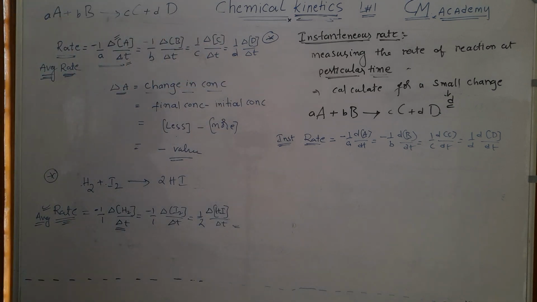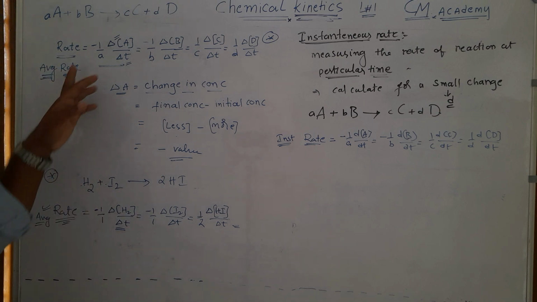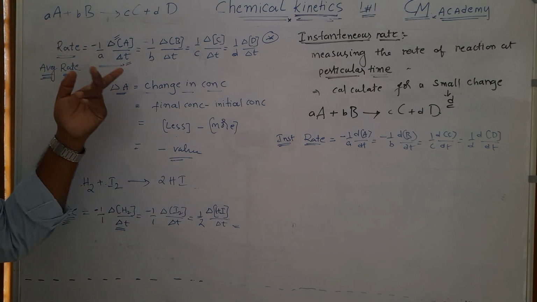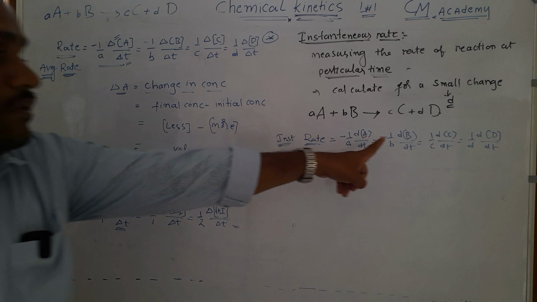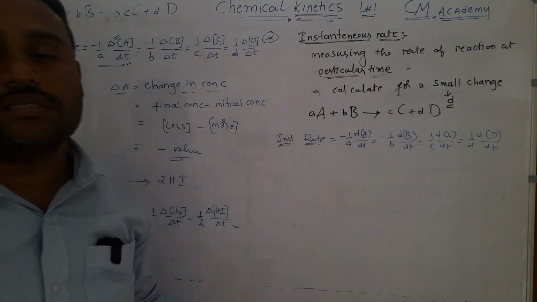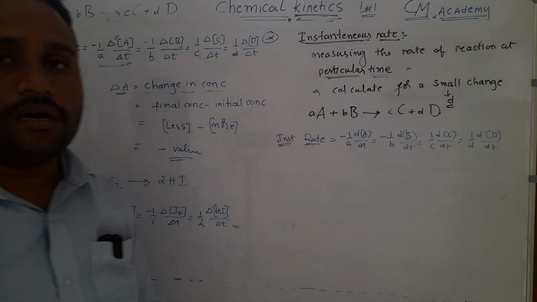So this is the instantaneous rate, and this is the average rate. What is the difference here? In average rate, for a long time duration, it is indicated with the capital delta. This is called capital delta, and this is small d. Small d indicates a small change in the concentration and a small change in the time.